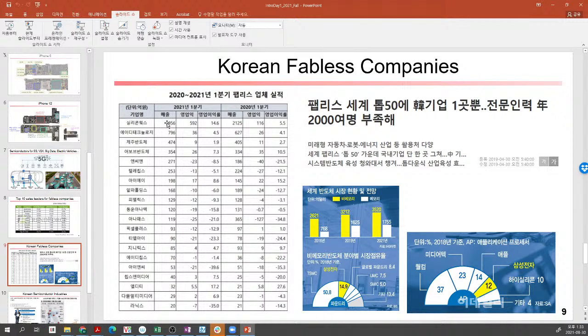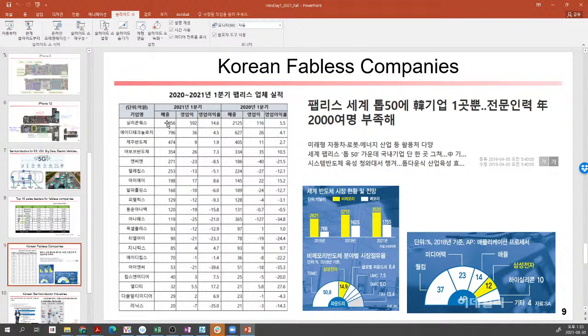As you can imagine, if you want to have a challenging or top-notch design without having semiconductor chips, you cannot have a competitive product.